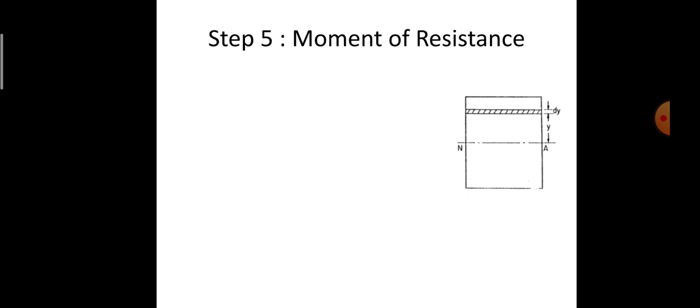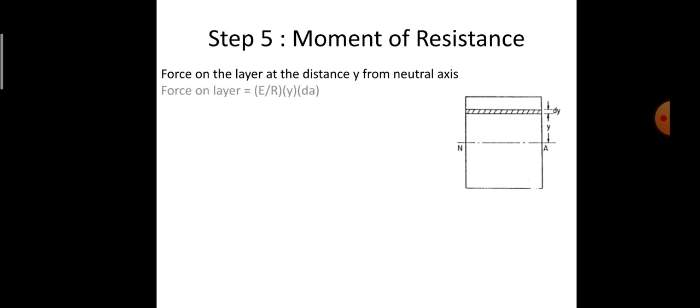Here I have considered a cross section of the beam. The force on the layer at the distance of y from the neutral axis is E by R times y into dA. I need to determine the moment of this force about the neutral axis.